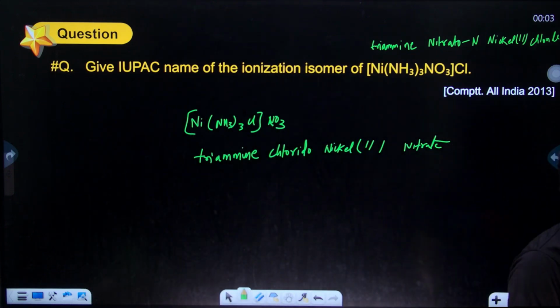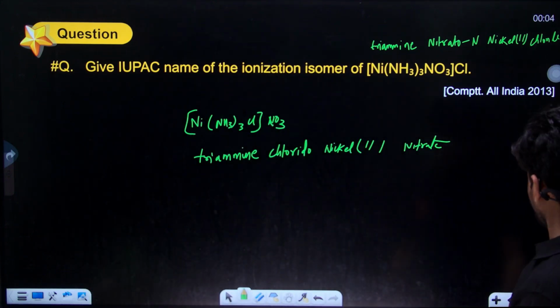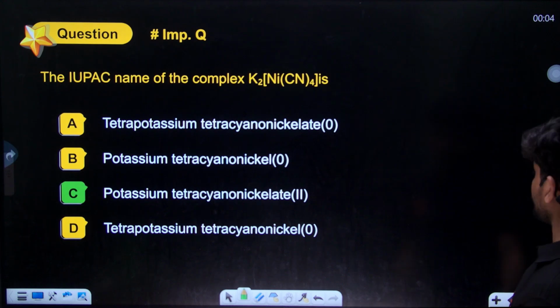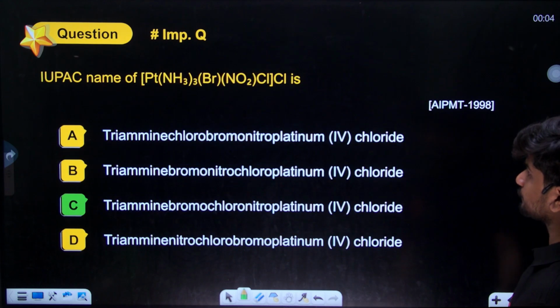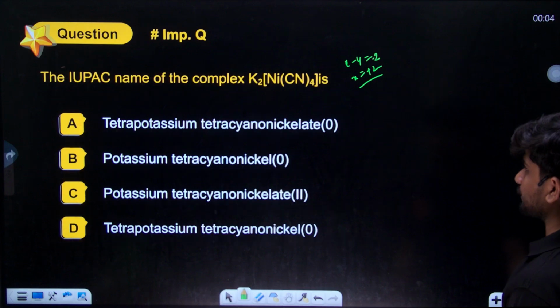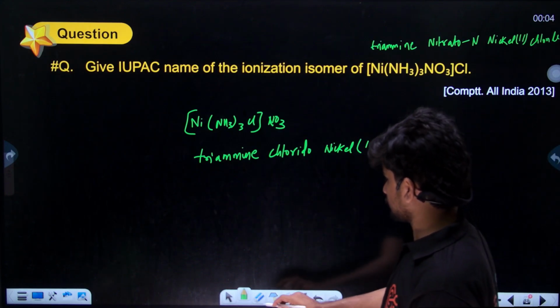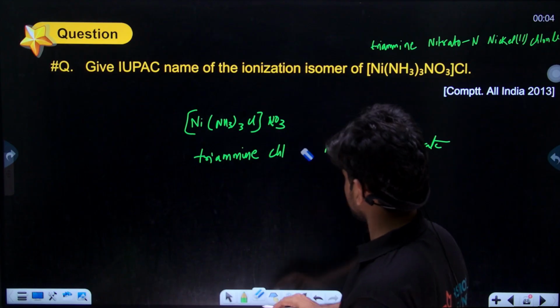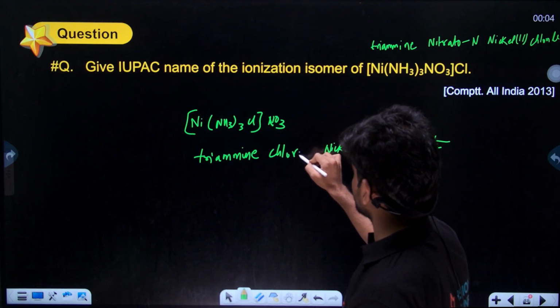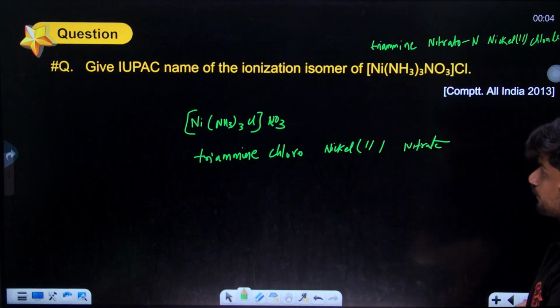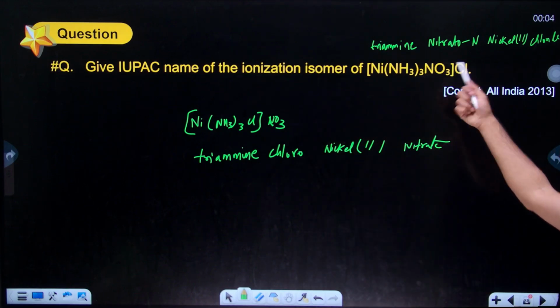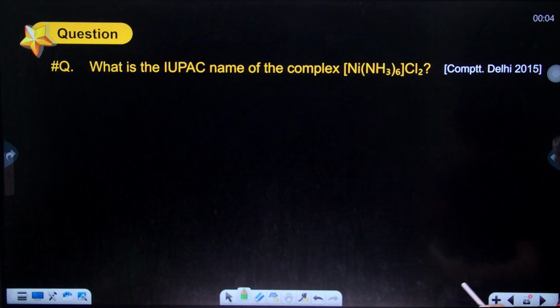Okay. Oh, this came in the cationic part, right? This came in the cationic part, so you will be writing it as chloro. So this is chloro, because this is in the cationic part. If it is the anionic part, you will be writing it as chlorido.